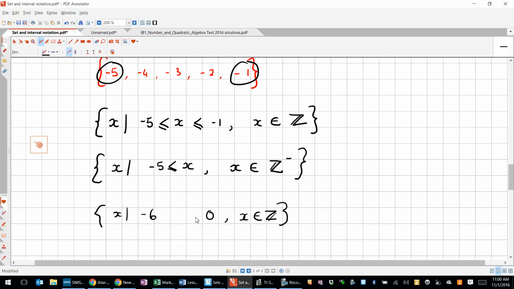What do I do here and here? Same thing, but just not equal to, x is less than. So if I do that, it's not including -6, it's not including 0. So if I put integers, actually the only ones again I'm allowed are -5, and so on.